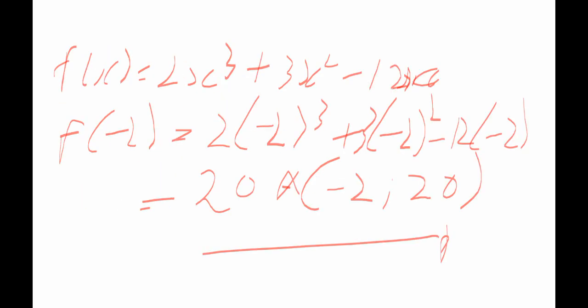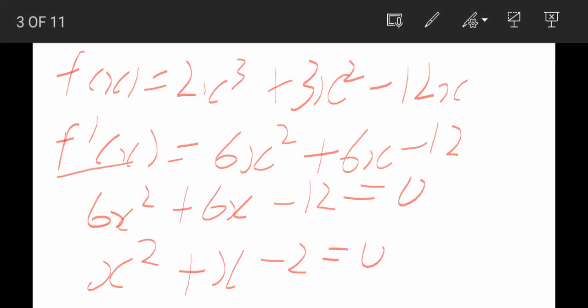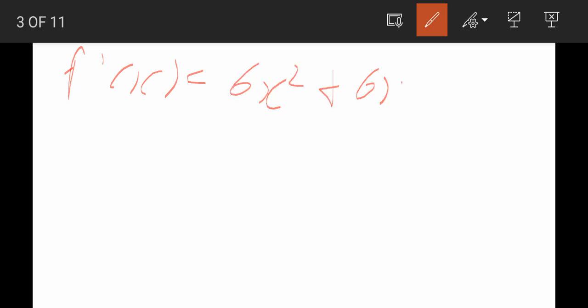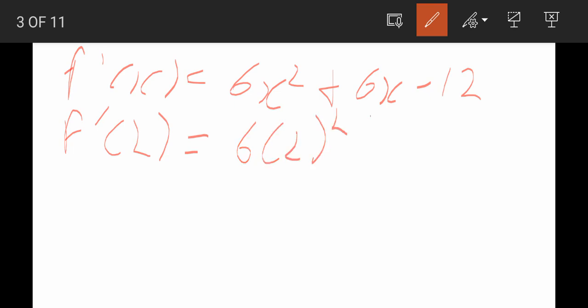Now let's do that one. So I'm just going to erase here. So now we're looking for, remember we already have the gradient formula. It's 6x squared plus 6x minus 12. Now we want the gradient at what point? We want the gradient at point x is equal to 2. So we're just going to substitute 2 here, right? So where this x is, I'm going to substitute 2.